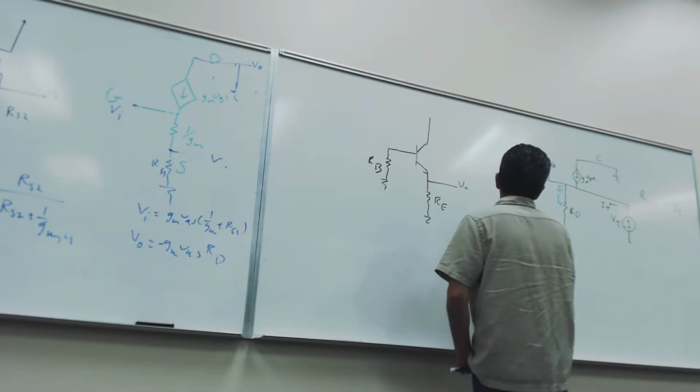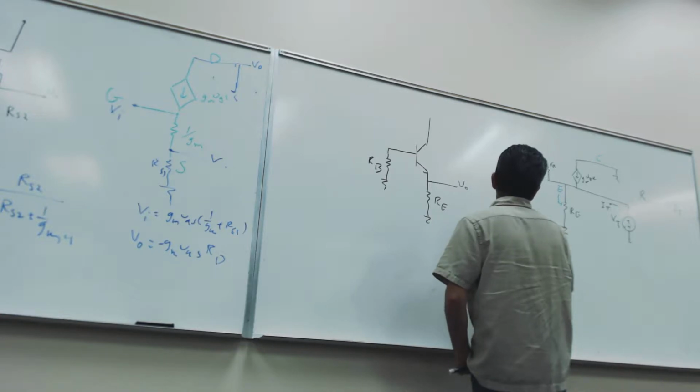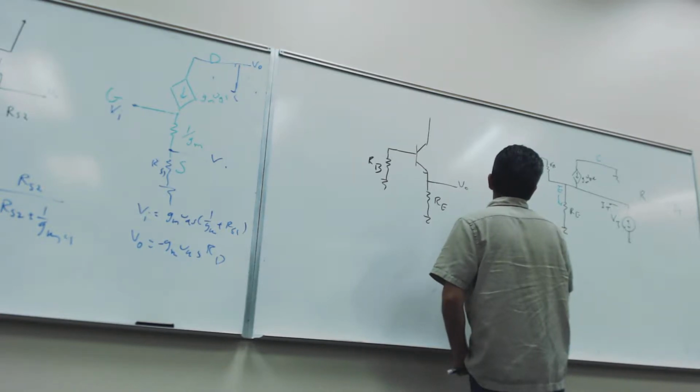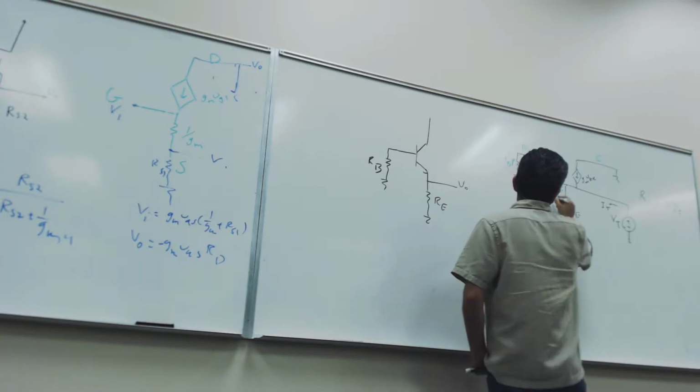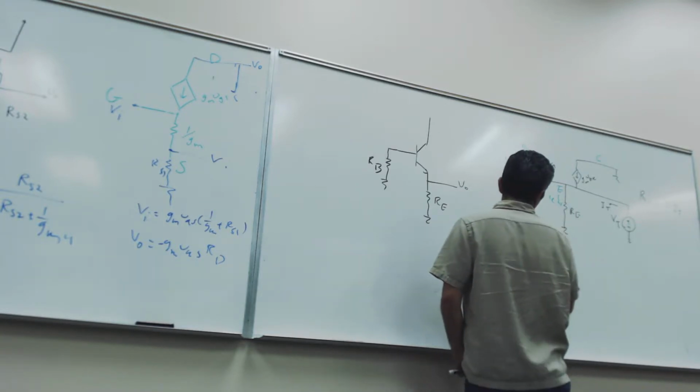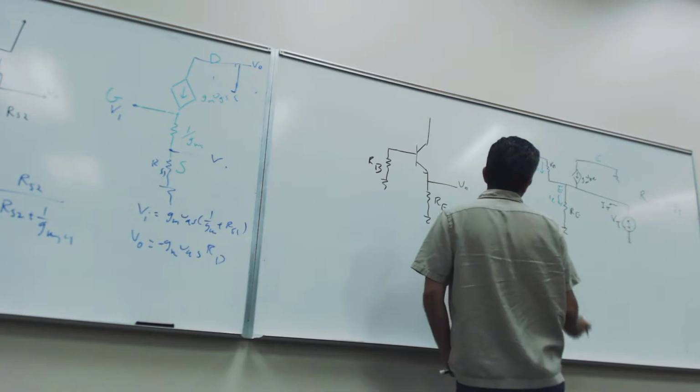So VB is actually minus IB RB, and VE is IE.